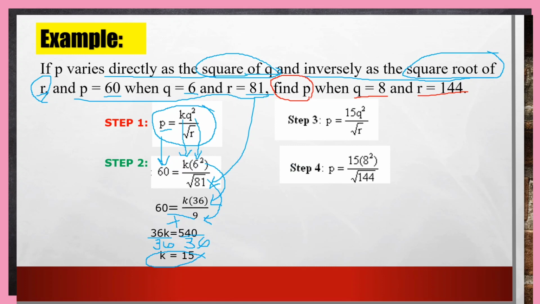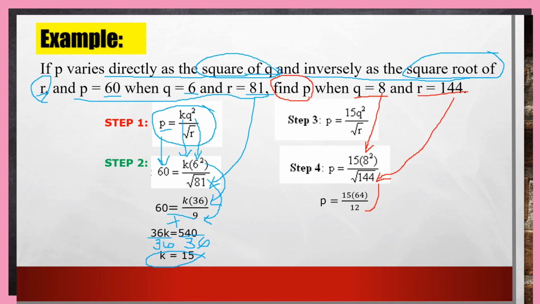So let us substitute the Q. Q is equal to 8. Then do not forget again to write the exponent 2 because we have 8 squared. And then the value of R is 144. Then let us simplify the result. So we have 15 times 64 because 8 times 8 is 64. Then square root of 144 is 12.